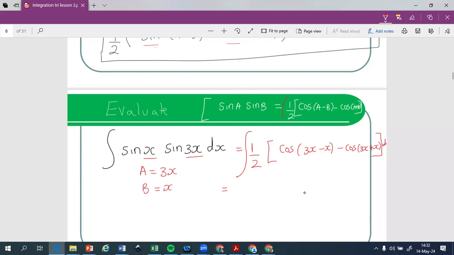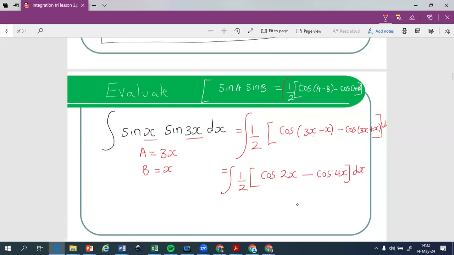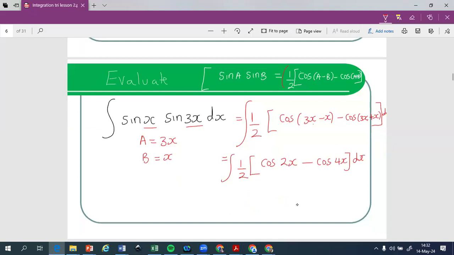So this will equal the integral of a half into cos, now here is 3x minus x, which is 2x, minus cos of 3x plus x, which is going to give me 4x, everything times dx. Now, what is the beauty? The beauty is that this half being a constant, I can take it out. So I will say this is a half integral of cos of 2x minus cos of 4x.